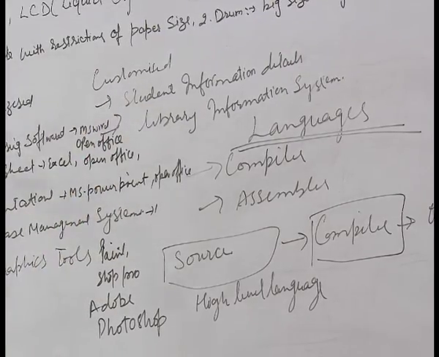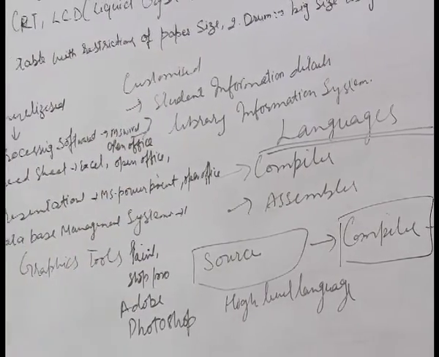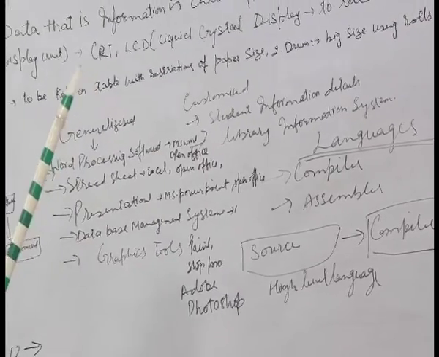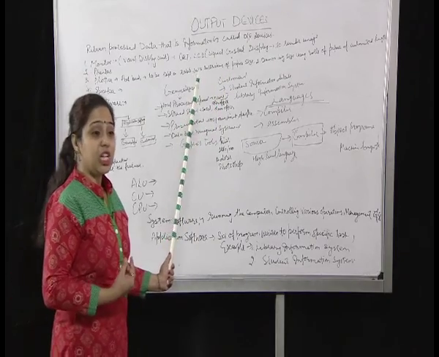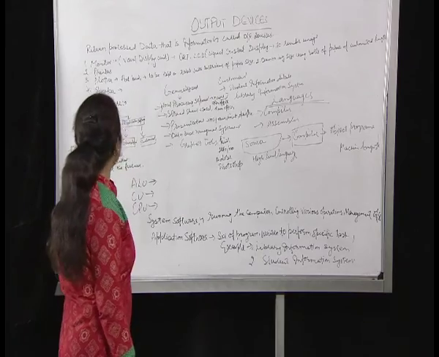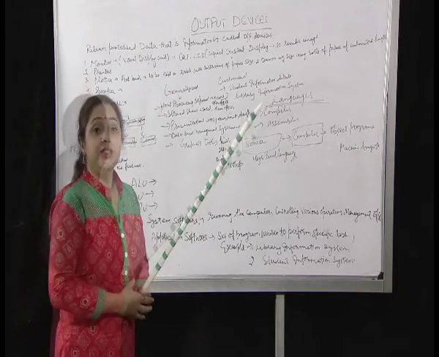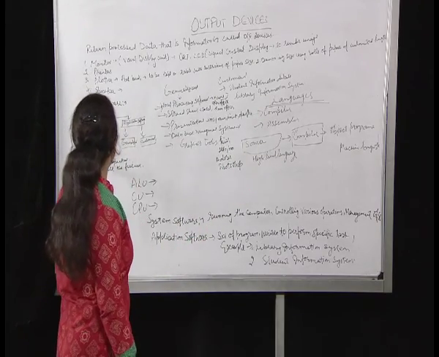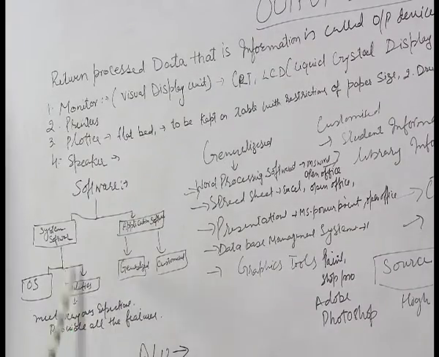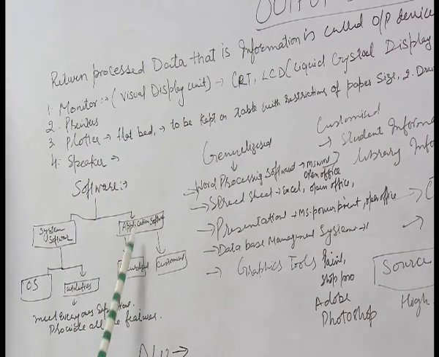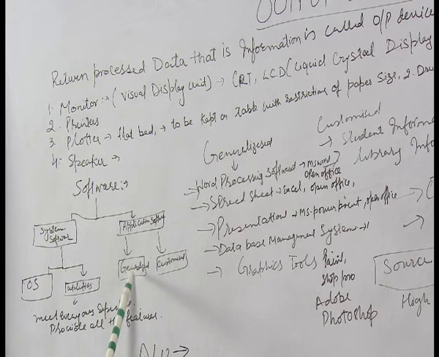So these are all regarding the software. Two types of software: system software and application software. System software is categorized into operating system and utilities. Application software is further categorized into generalized and customized.